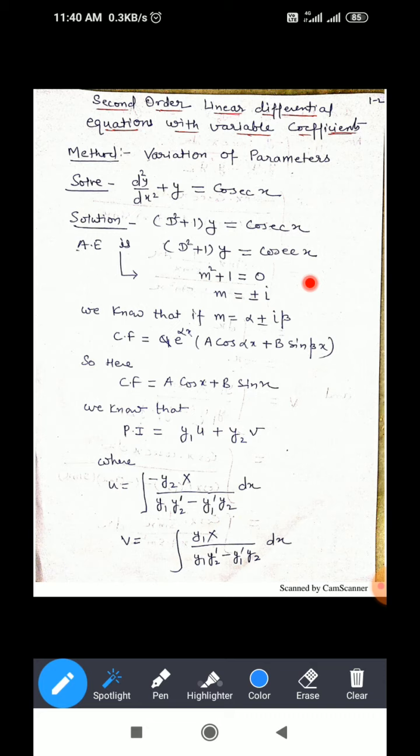We know that if the roots are alpha plus minus i beta, then CF is given by e to the power alpha x into a cos beta x plus b sin beta x. So here CF is equal to a cos x plus b sin x.